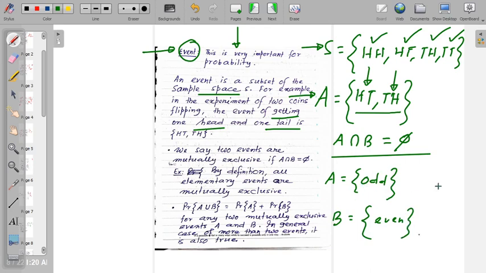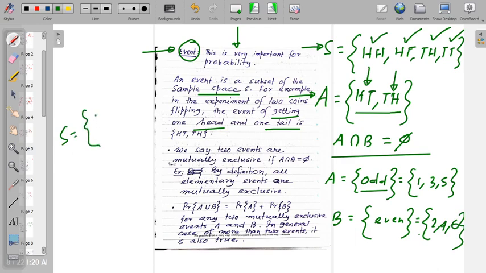So what outcomes might these comprise? Can you tell me? 1, 3, 5, and this is 2, 4, 6. What is the sample space? Can you tell me? 1, 2, 3, 4, 5, and 6, I guess.